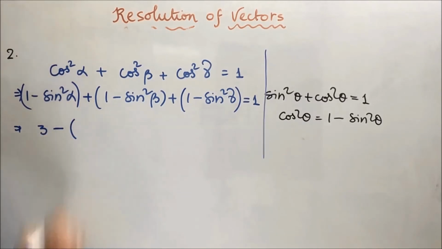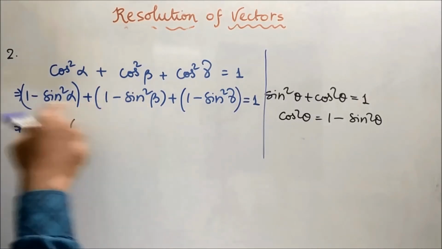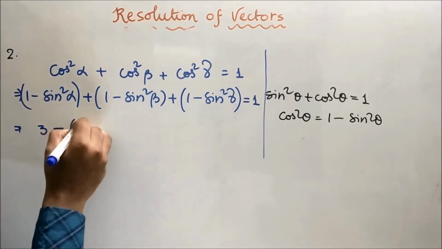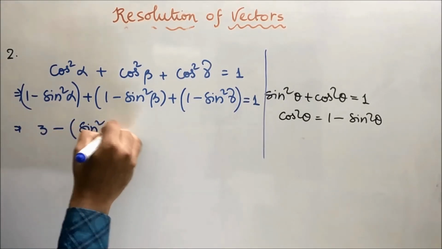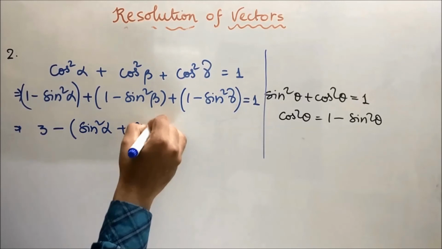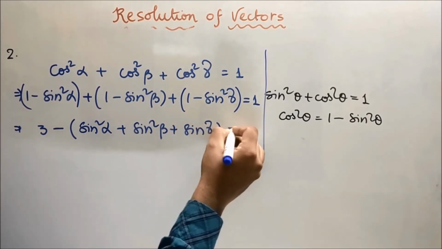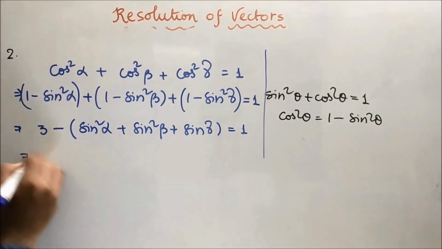Minus, if I take minus as common from sine square alpha, sine square beta, sine square gamma, so I can write sine square alpha plus sine square beta plus sine square gamma is equal to 1.